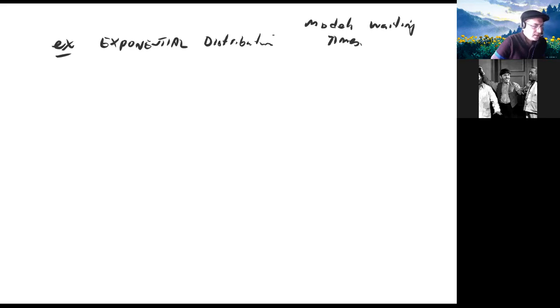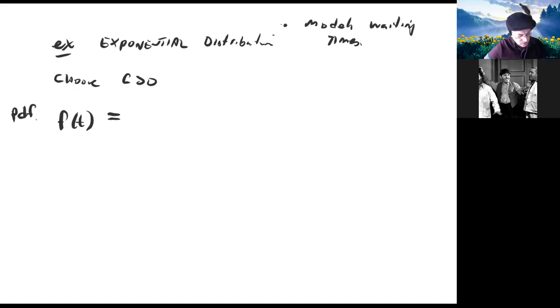And what is it determined by? It's determined by a constant that you have to choose. So you choose C bigger than 0. And now I'm going to define this as a function of t, because t is time. F of t, in this case, this is the PDF for our exponential distribution.